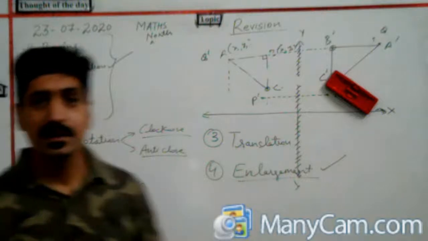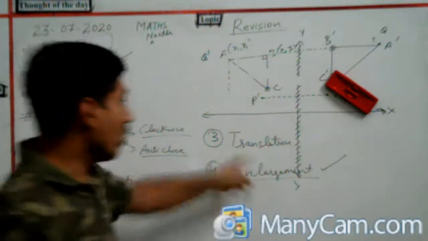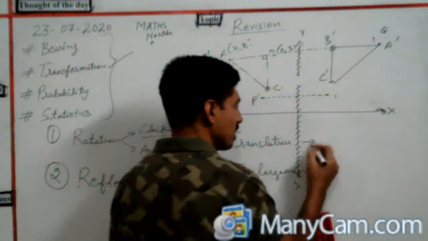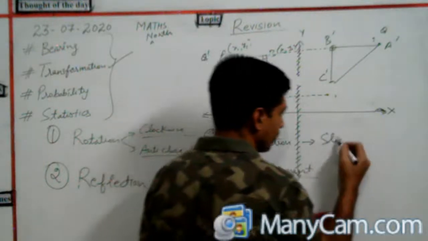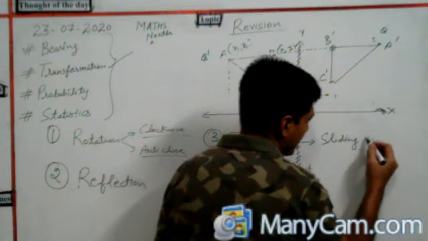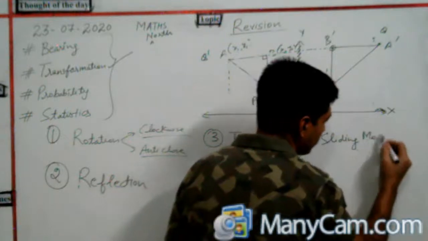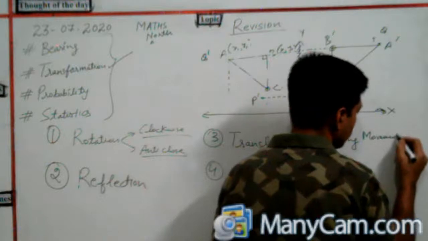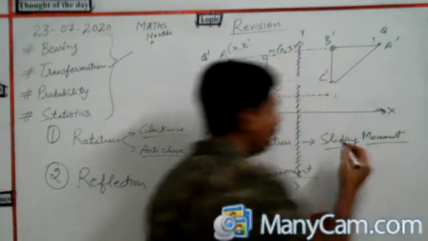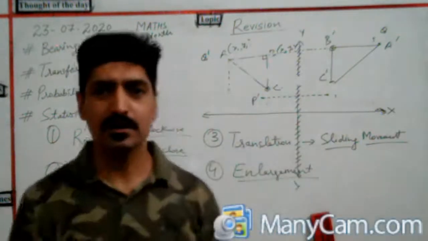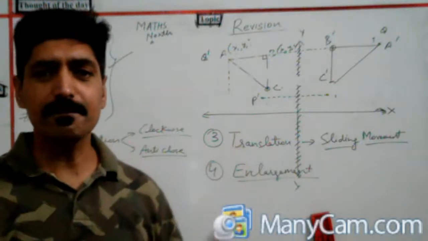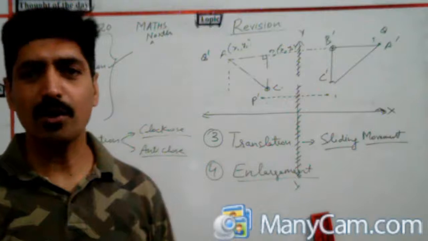So translation is about the sliding movement of the object from one point to another, right? In enlargement, we have the scale factor. How many times?